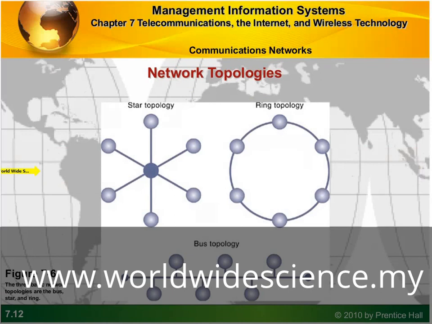Here are the network topologies: bus topology, star topology, and ring topology. Bus is usually used for backbone systems, and the other systems mostly use star topology. They call it star, but when you see a network, you cannot imagine it as a star, because there is only a switch and the computers connected to that switch by cable and RJ junction.